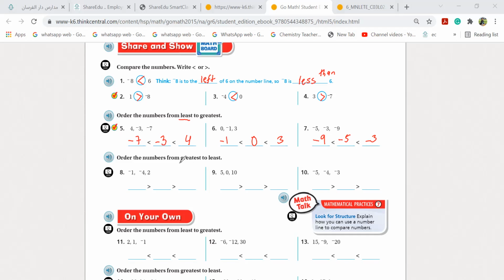Greatest to least. Yes, greatest to least here, Maria. First 2, and then -4, -1. Hala, greatest to least. 10, then 5, then 0.